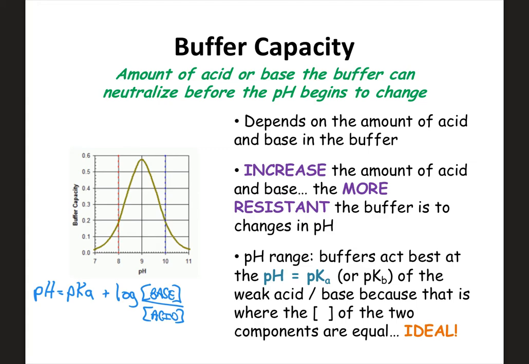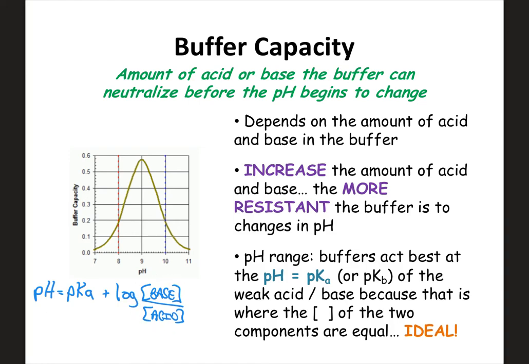So if you have these concentrations of the weak acid and its conjugate being the same, notice here that would be the log of 1, which essentially cancels this out, and you have the pH equal to the pKa. So the reason why buffers act best where the pH equals the pKa is because that's where these two concentrations are equal.